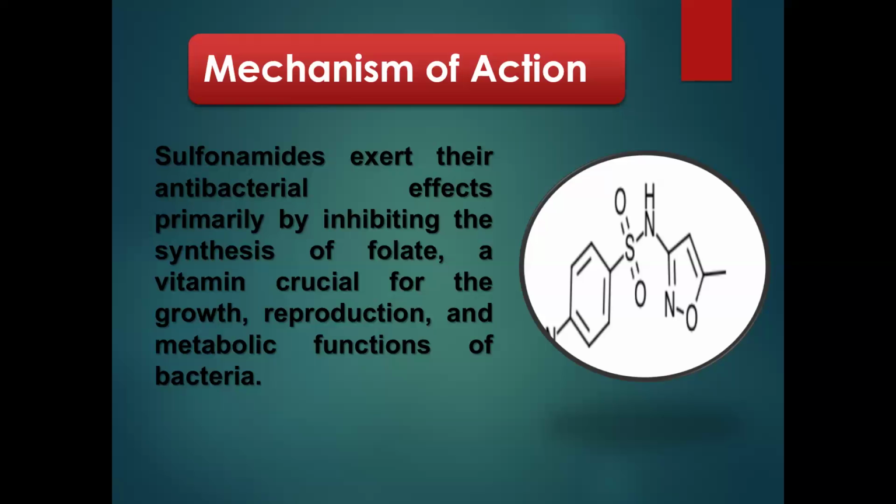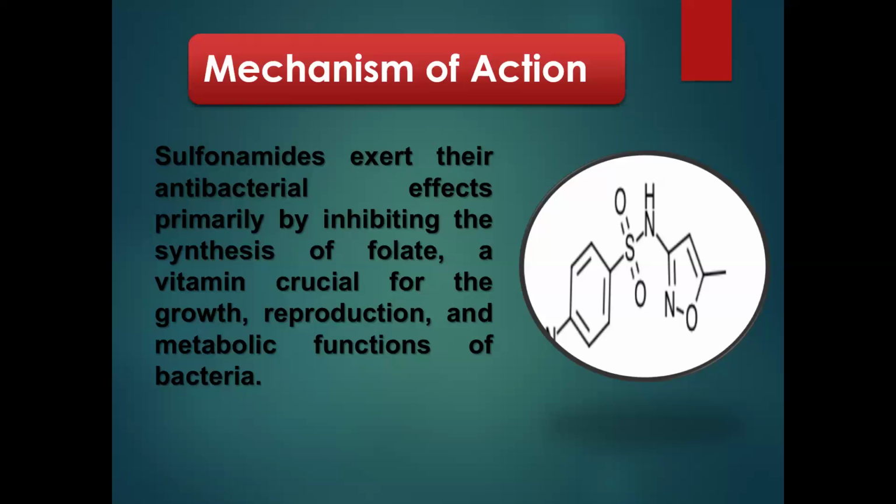Without the production of this nucleic acid synthesis, bacteria cannot grow, bacteria cannot reproduce, bacteria cannot carry out other metabolic functions. Remember, the nucleus is the control of every cell.